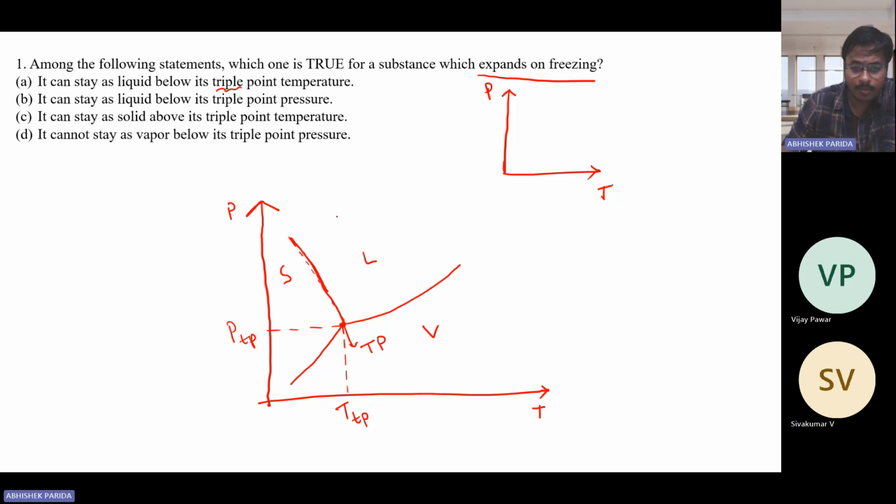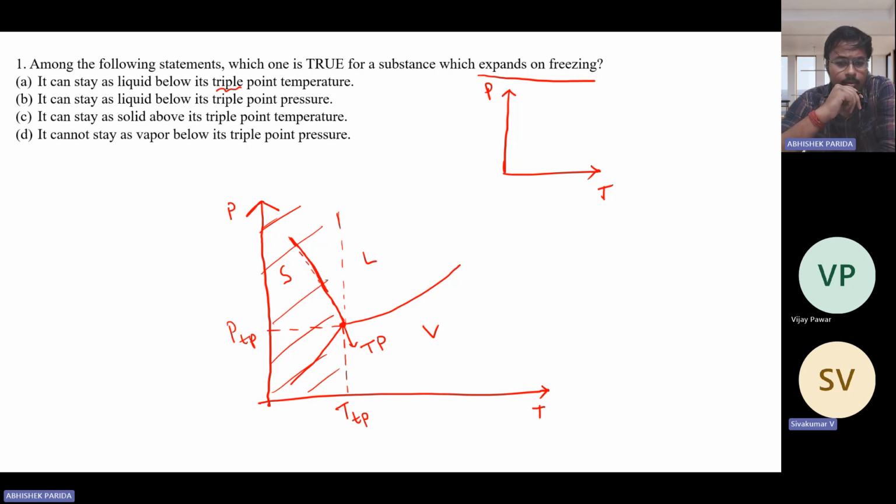So below the triple point means, it is talking about this region. In this region, whether liquid is existing or not. You tell me yes or no. Are you able to follow? Are you able to understand or not?